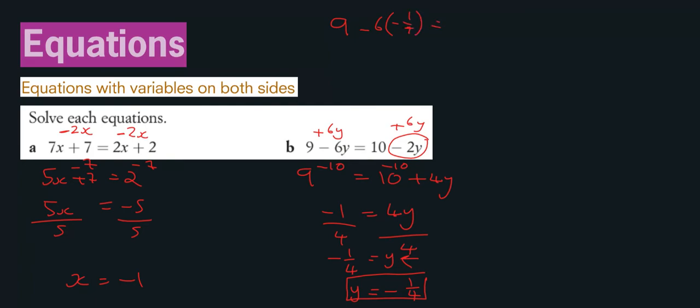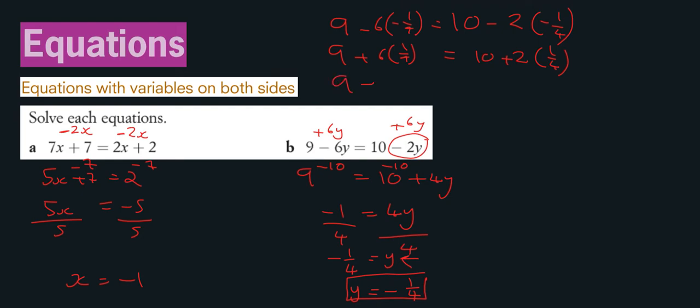That should equal, well, a negative times a negative is a positive. So a quarter of something is half of twice.